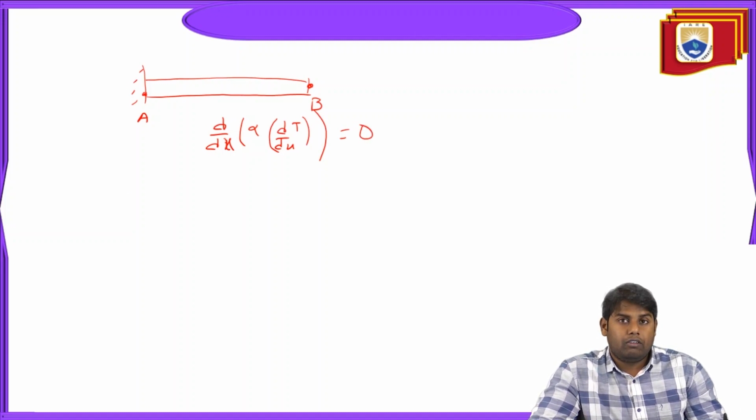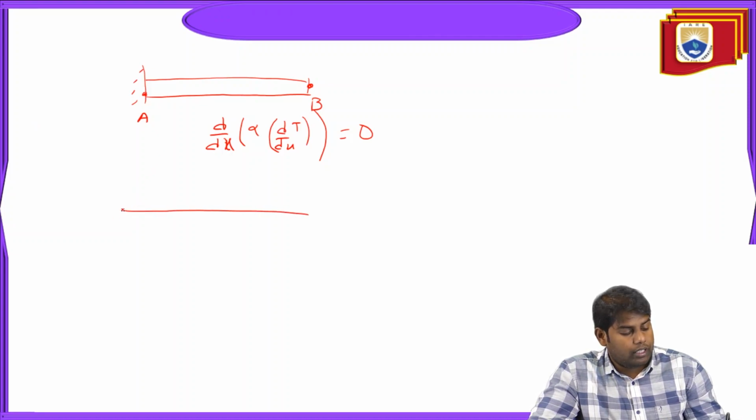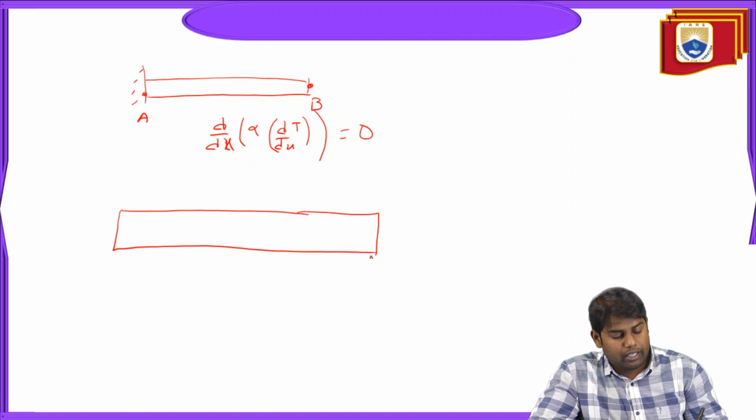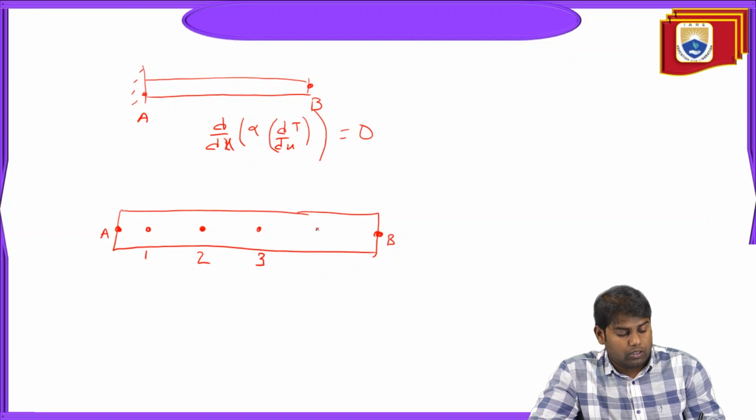Now, there is one thing. Since A is a wall and B is a wall, let us write down the finite volume formulation for this 1D rod. Here we have to mark the points: this is A, this is B, and the points 1, 2, 3 and 4.